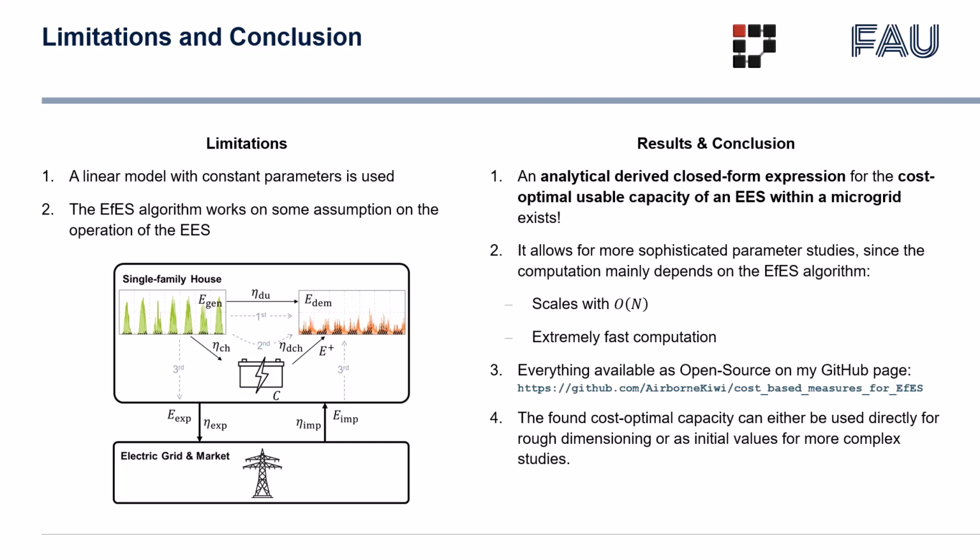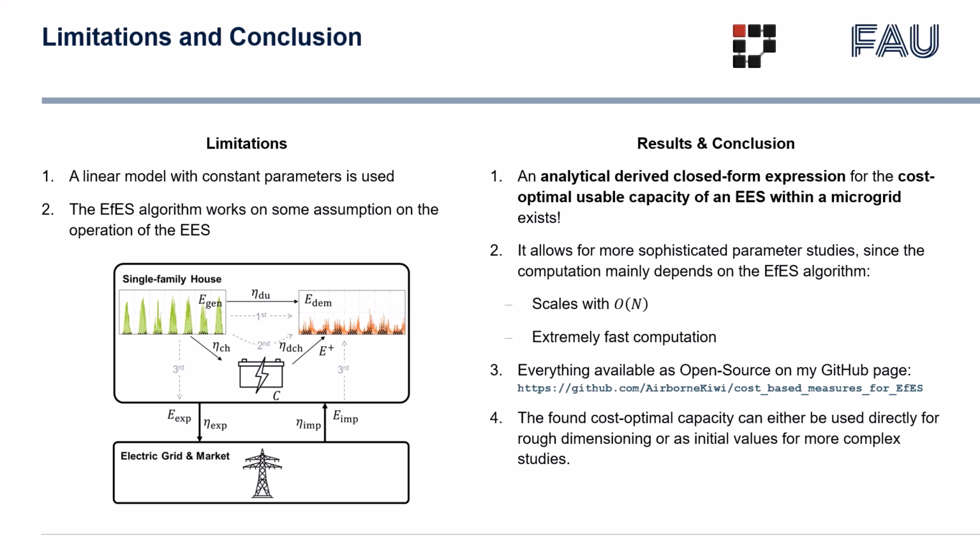To summarize the results, it was possible for me to come up with an analytically derived closed form expression for the cost optimal usable capacity of a storage system within microgrids. Since the EfES algorithm scales well and the calculations presented in this paper have basically no computational impact, we can say that finding the solution is just a matter of linear complexity.